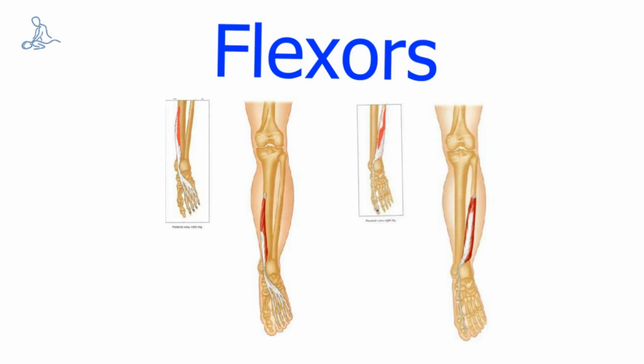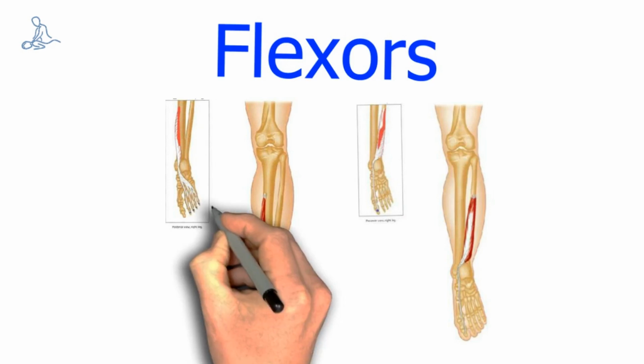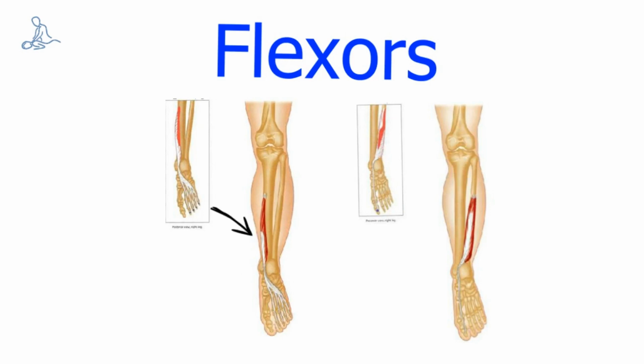Flexor digitorum longus. The origin of the flexor digitorum longus is the posterior tibia. The insertion of the flexor digitorum longus is the plantar surface of toes 2 to 5.